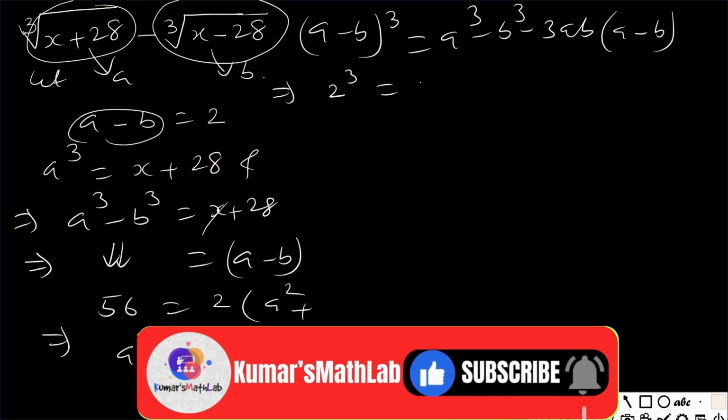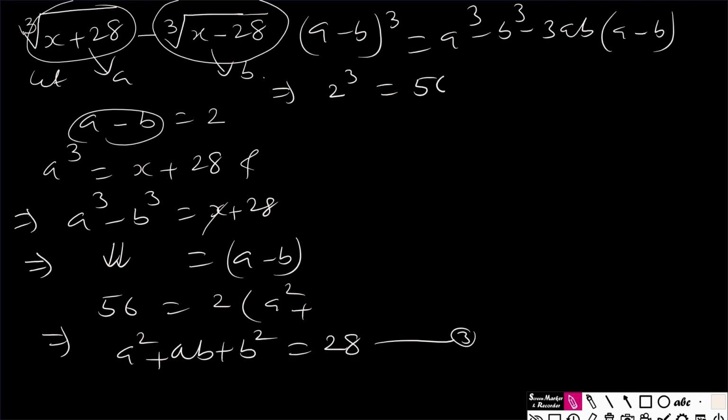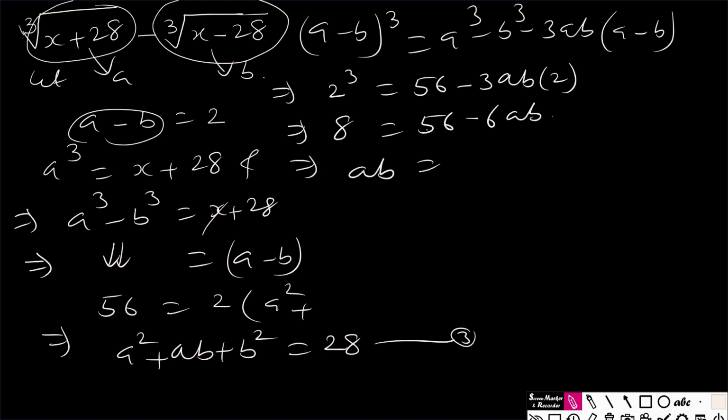So it will be 56 minus 3ab into a minus b, which is 2. So this will be 8 equals 56 minus 6ab. So ab equals 56 minus 8, 48, divided by 6, equals 8. Suppose this is equation number 4.